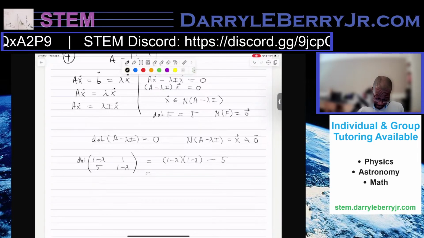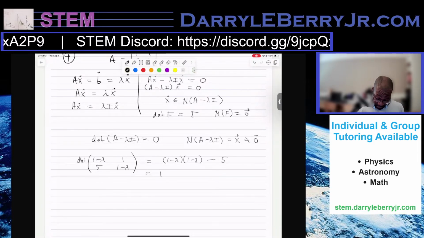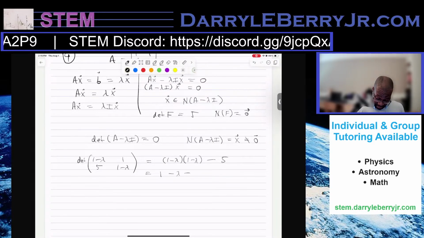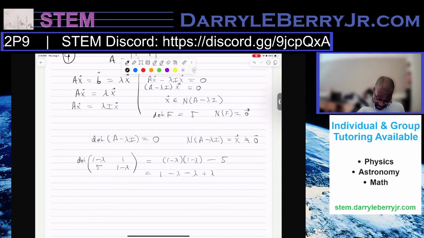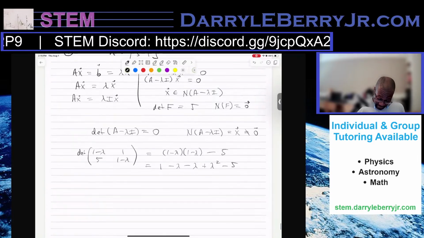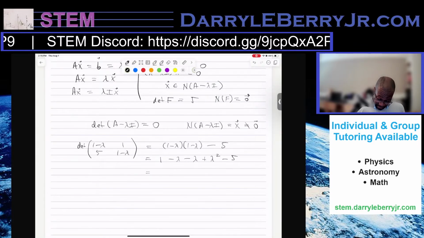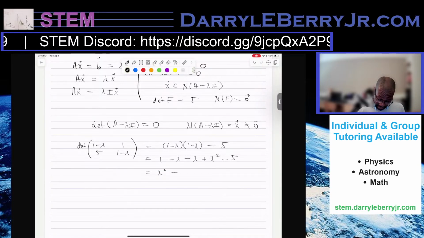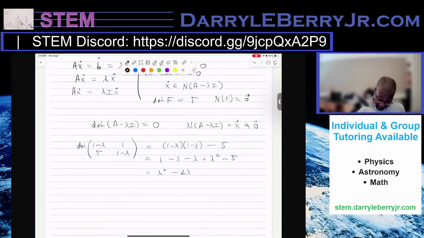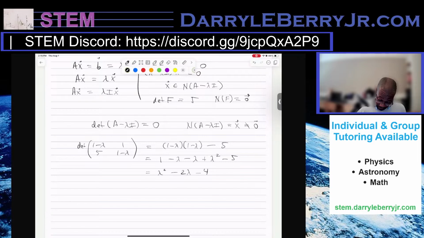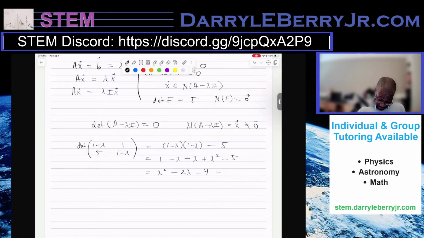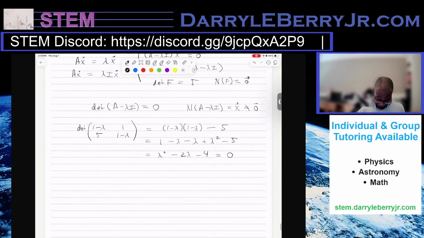So that's going to give us 1 minus 2 lambda plus lambda squared minus 5. So that gives us lambda squared minus 2 lambda minus 4. And this all equals 0, as we said earlier.